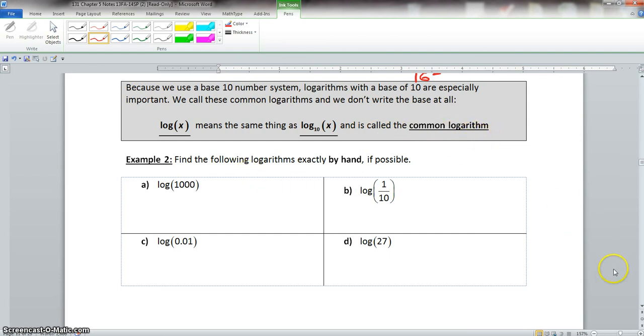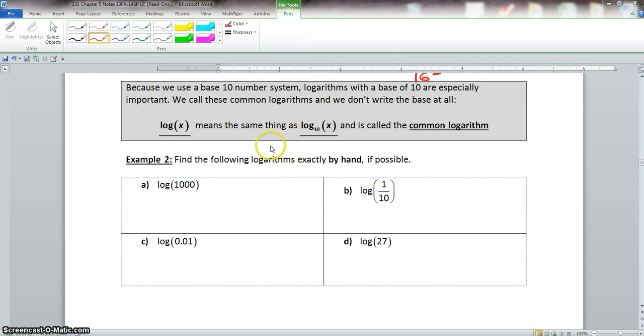Now, in your course pack, you have a little extra line that I don't have here. So let me read that to you. It says, note, using log to stand for base 10 is not always the case in European countries, upper level mathematics, science, and computer software, but will be the definition this course uses.